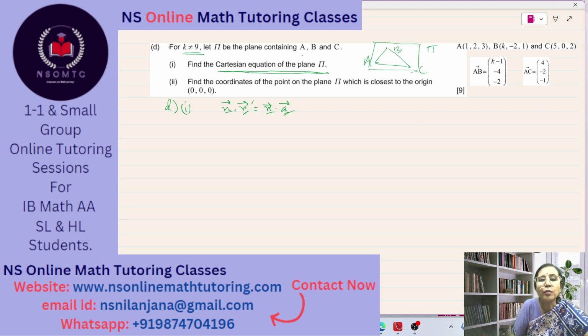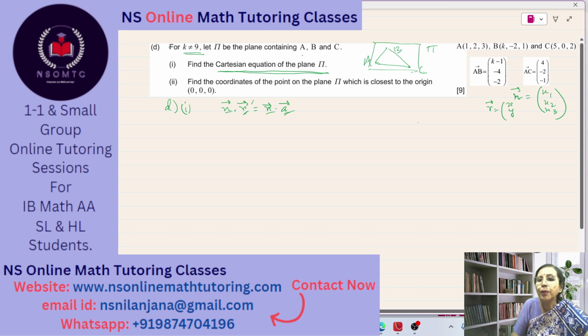And from here we get the Cartesian equation of a plane. If in case you have the normal vector written as n1, n2, and n3, and r will be the position vector of any point lying on the plane, so it will be x, y, and z.